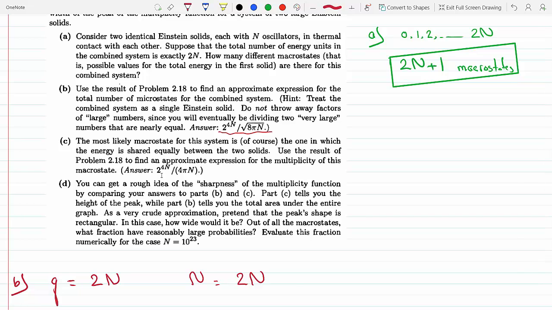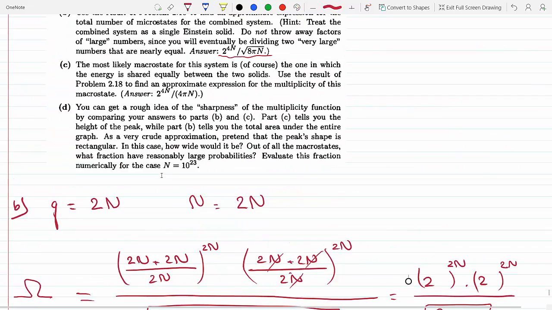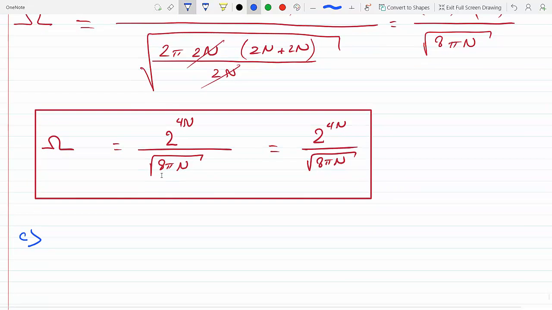So if we have the two solids and the energy is to be shared equally between them, that means the energy will be split in half between the two solids. So solid A will get the same amount of energy as solid B, which would be 2n over 2, which would be n.